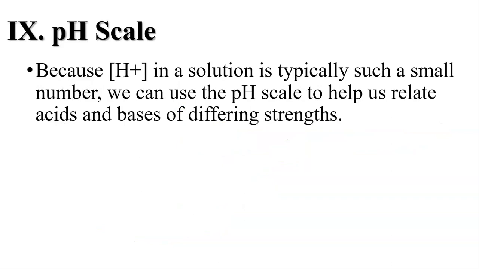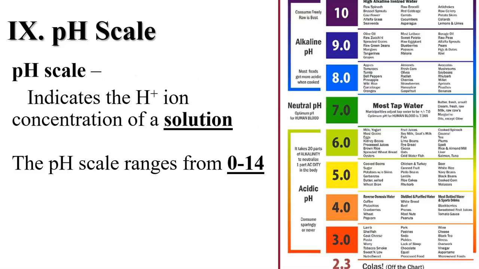This is because H+ in a solution is typically such a small number, we use a pH scale to help us relate acids and bases. Our pH scale indicates the H+ ion concentration in a solution. The pH scale will range from 0 to 14, and it looks like this.